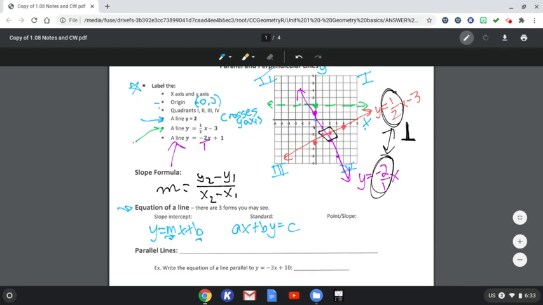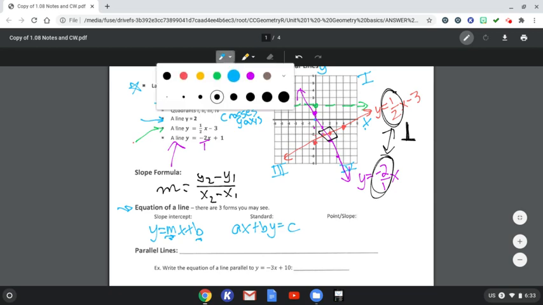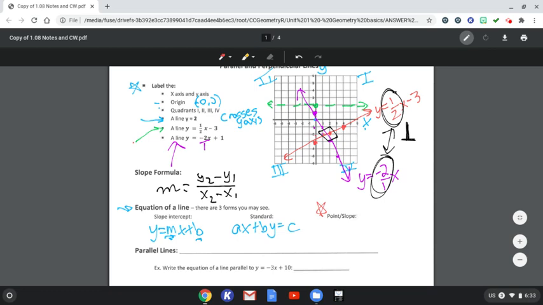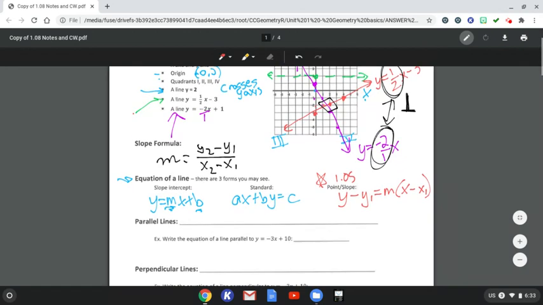We sometimes see questions written in standard form, and then we do our reverse operations to get y to stand alone. The last form that we saw a little bit of on Notes 1.05 was our point-slope formula: y minus y1 equals m times x minus x1. And we're going to look at that a little bit more today.